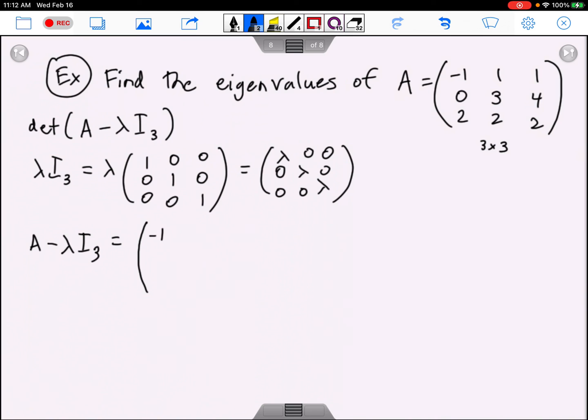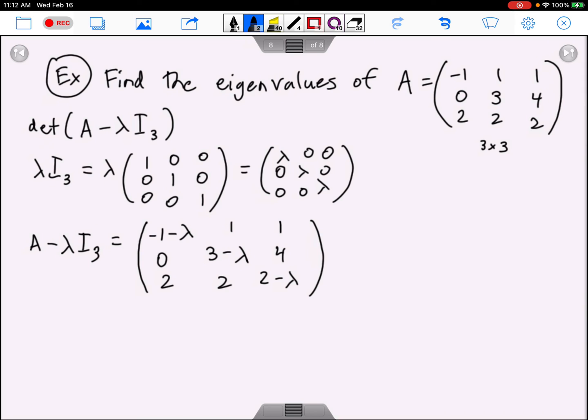It looks like this. -1 minus lambda. Because we're subtracting 0, the other spots are not going to change. The only ones that are going to change are those. The rest all stay the same. So that's A minus lambda times I3. And now we need to do the determinant of that matrix.